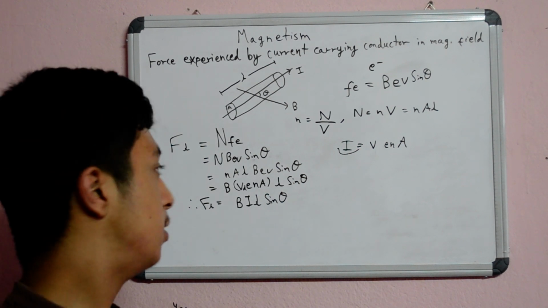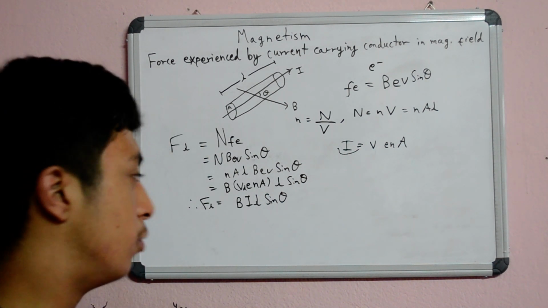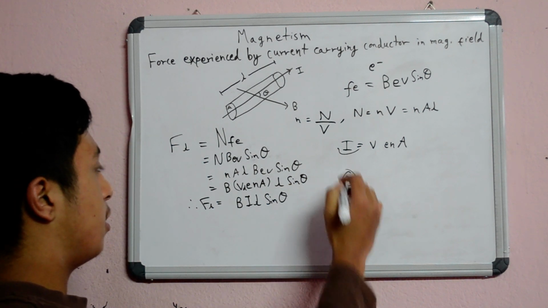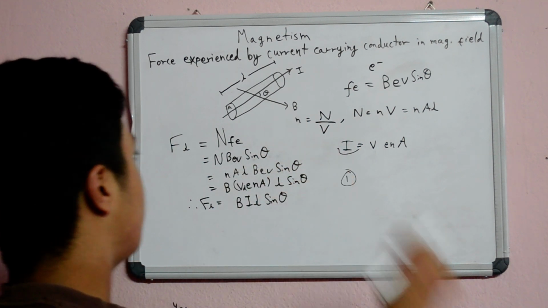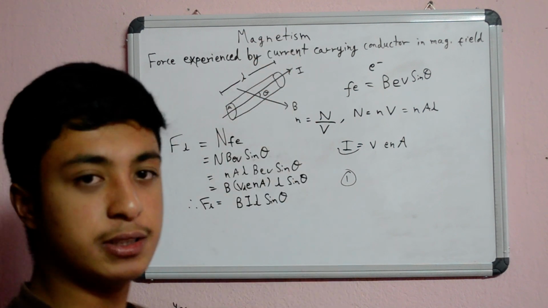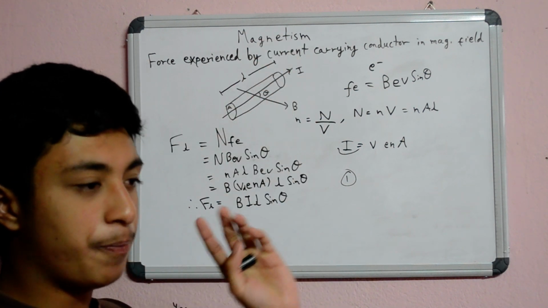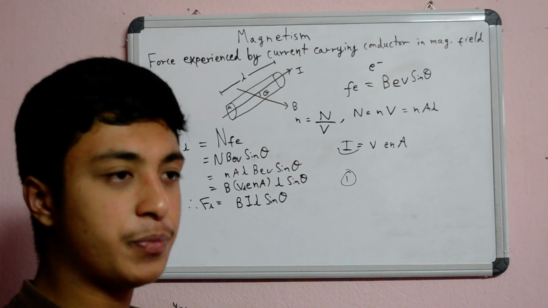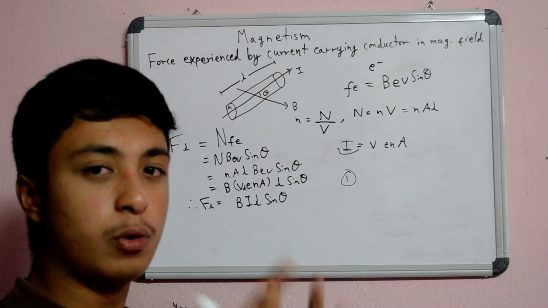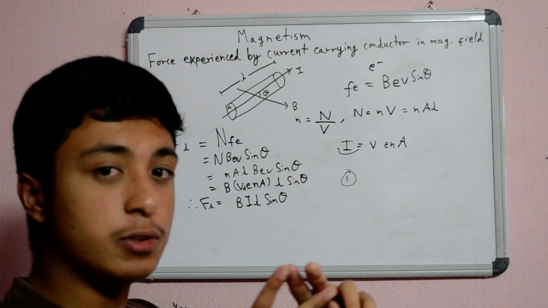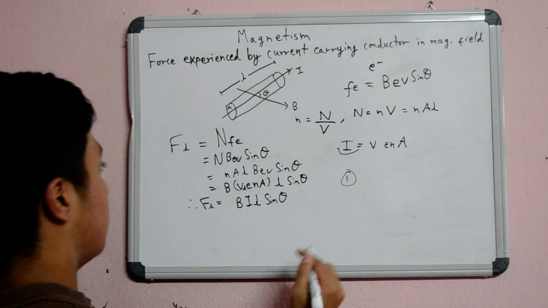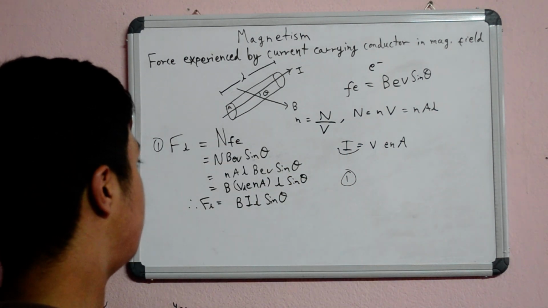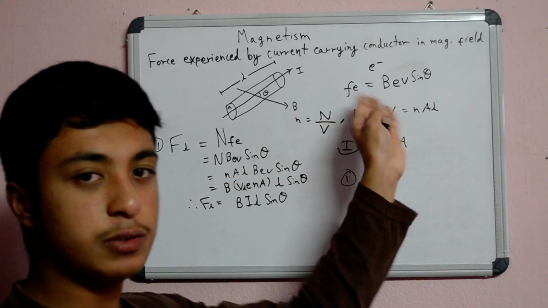You have to remember three or four things. First, the force experienced by the conductor is equal to the sum of each electron's Lorentz force, so the total of the Lorentz forces acting on each of those electrons. Second, you have to find the Lorentz force of each electron.